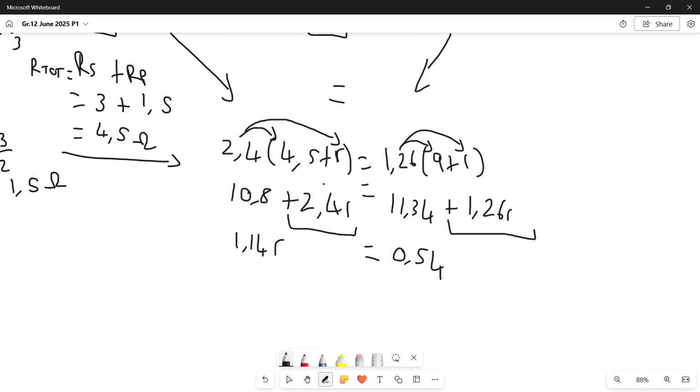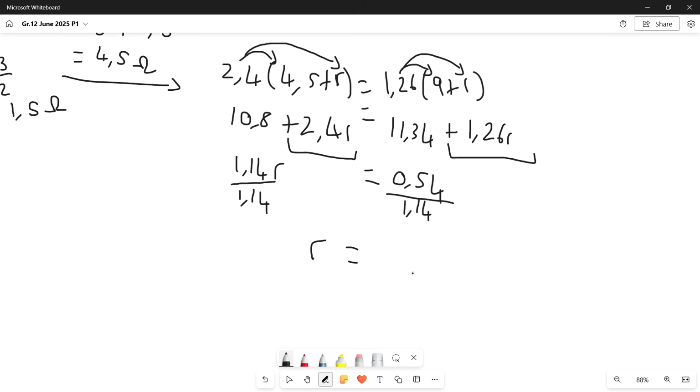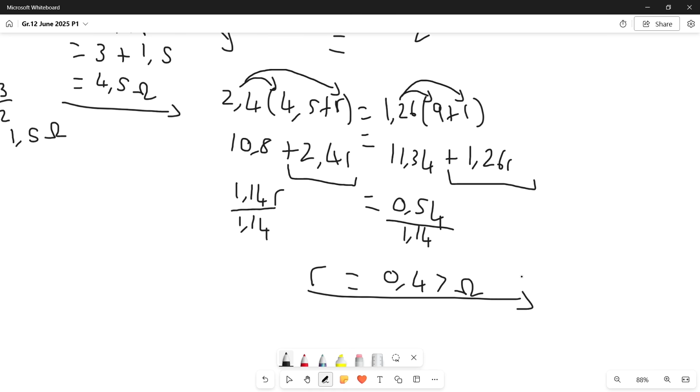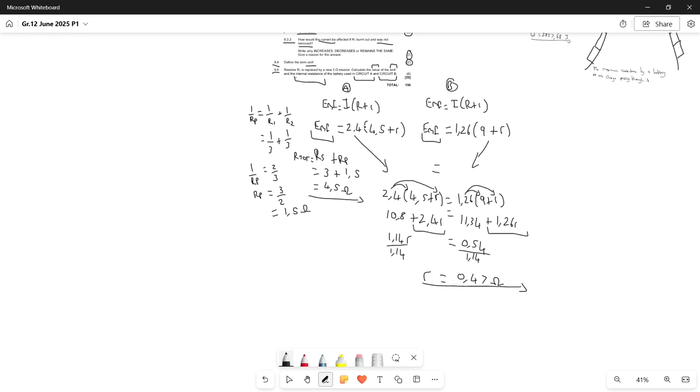So we took the like terms to each side, and now we divide by the 1.14 on both sides. That means our final internal resistance is 0.47 ohms.